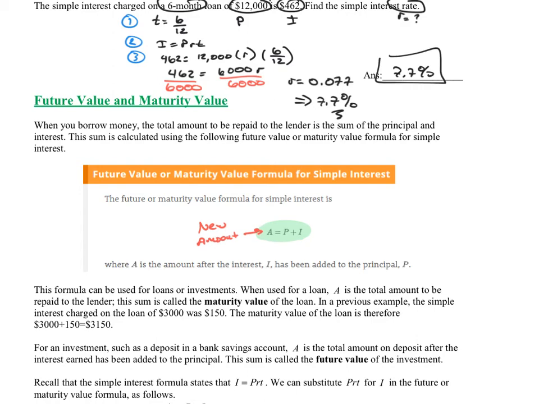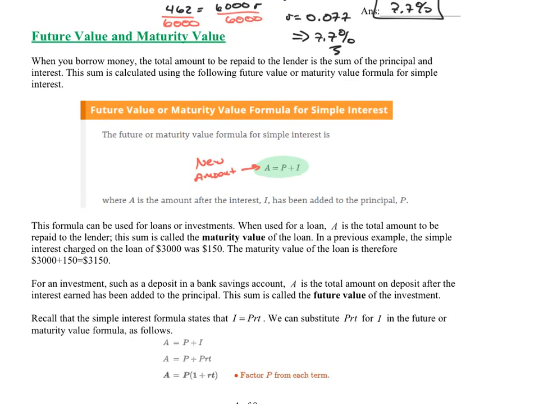It says, in a previous example, the simple interest charged on the loan of $3,000 was $150. The maturity value of the loan is therefore $3,000 plus $150, or $3,150. In other words, you have to pay your initial loan amount, the $3,000, plus you have to pay that interest, that fee, the $150.